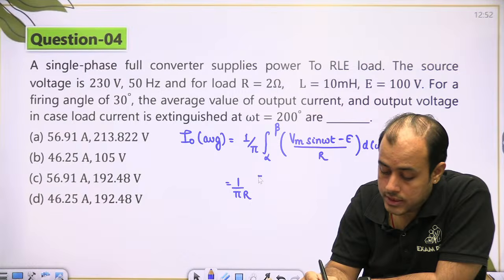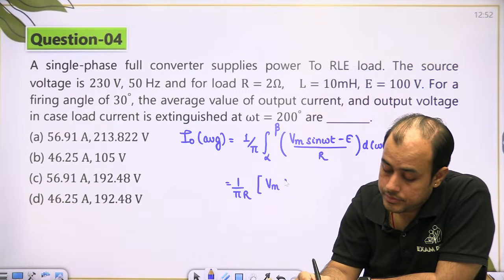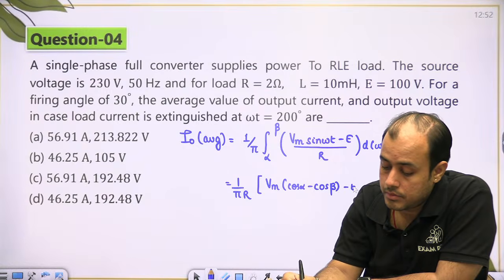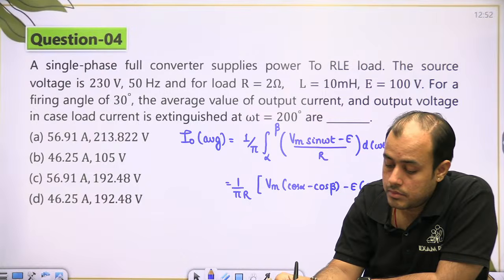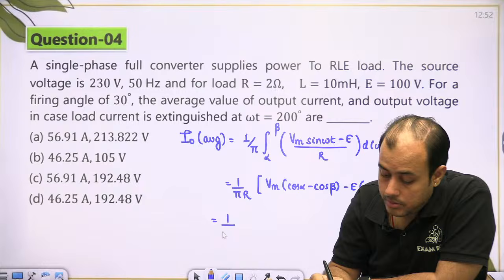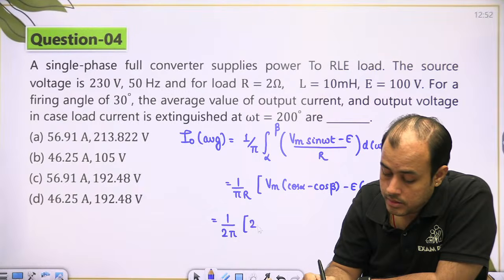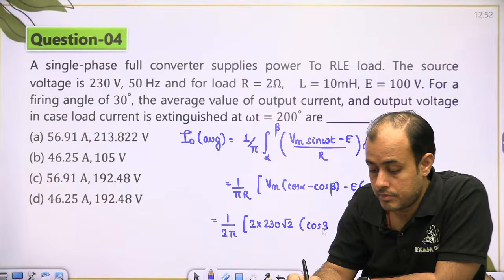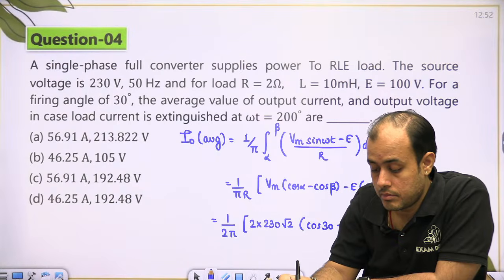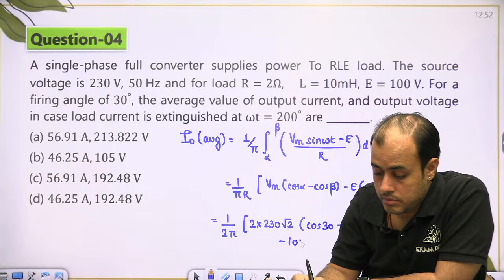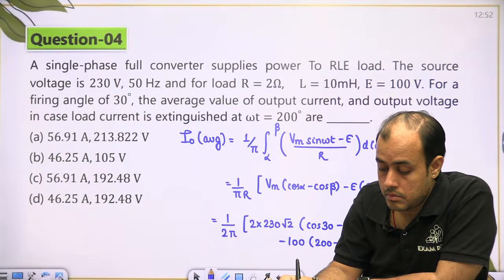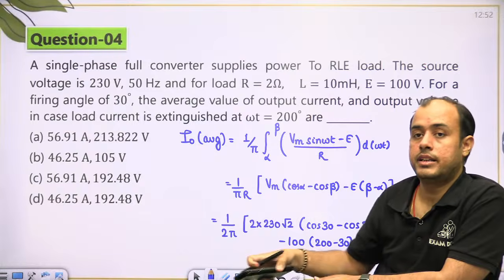Now integration of sine will be minus cos. 1 by R into cos 30 minus cos 200, with pi by 180.